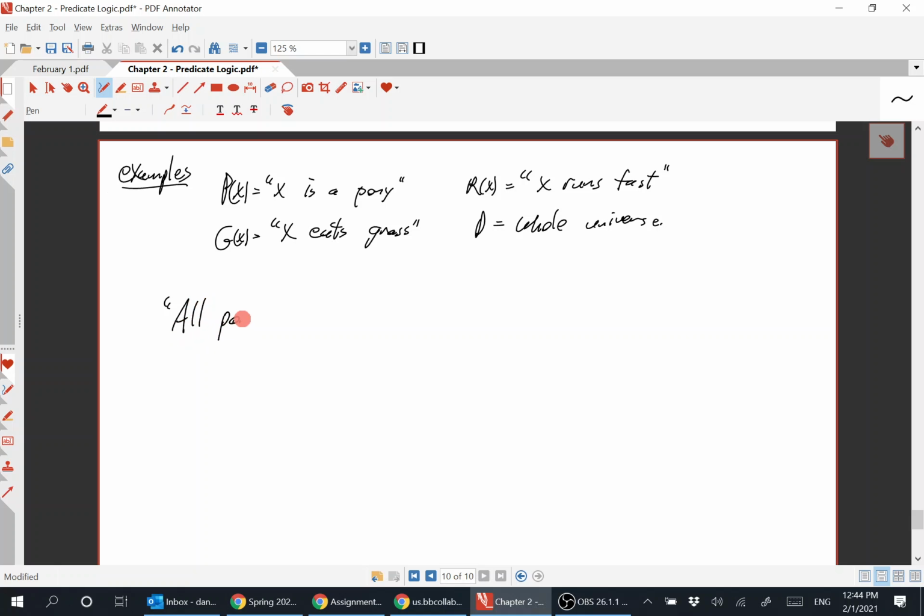All ponies eat grass. So write the corresponding predicate logic statement, with the same exact truth value over the domain that is the whole universe.